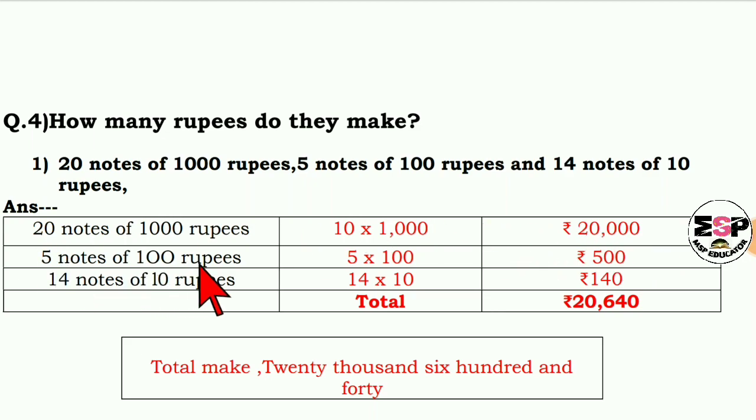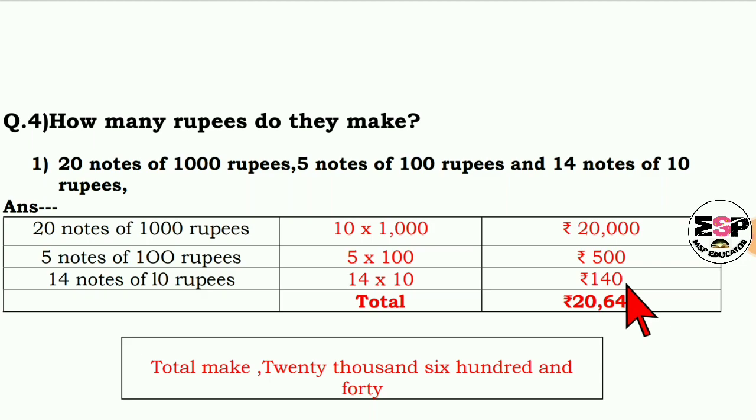5 notes of 100 rupees. So it will be 5 into 100. You are going to multiply 5 into 100. It will be rupees 500. And 14 notes of 10 rupees. So multiply 14 by 10. It will be rupees 140. Understood? Everyone has learnt multiplication in fourth standard, right? So you are going to multiply the number by the rupees.